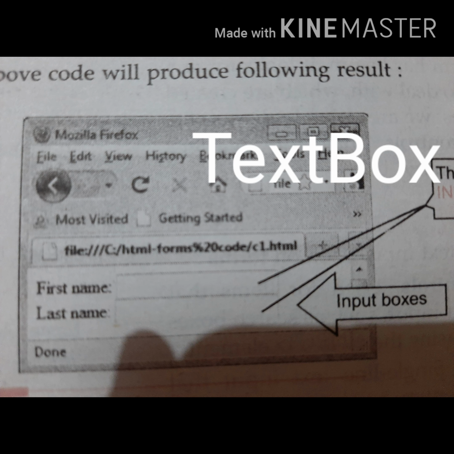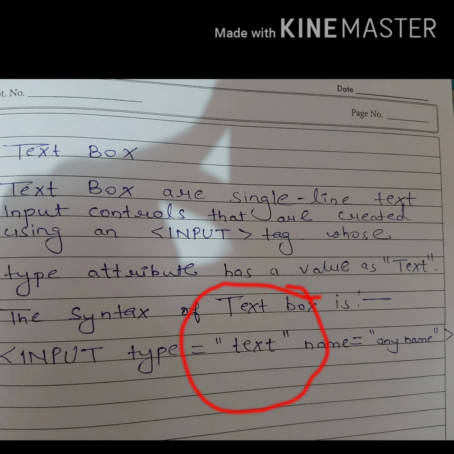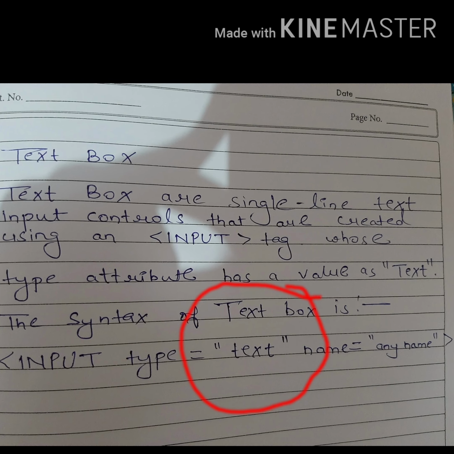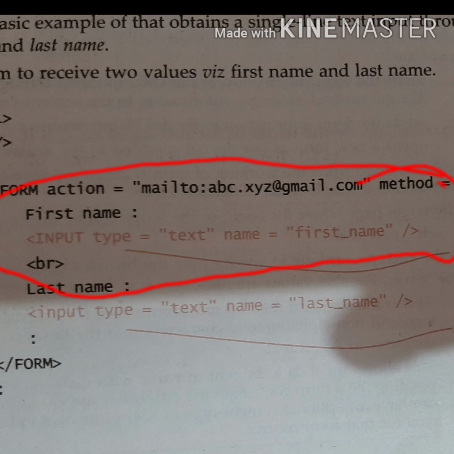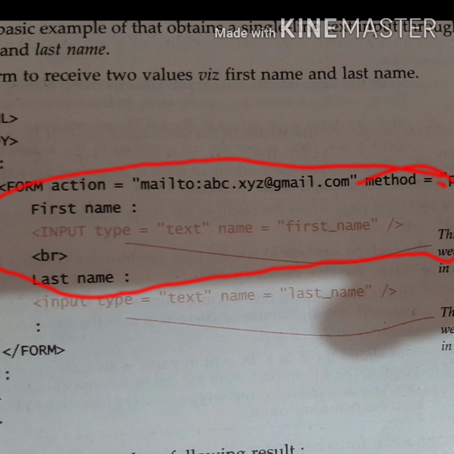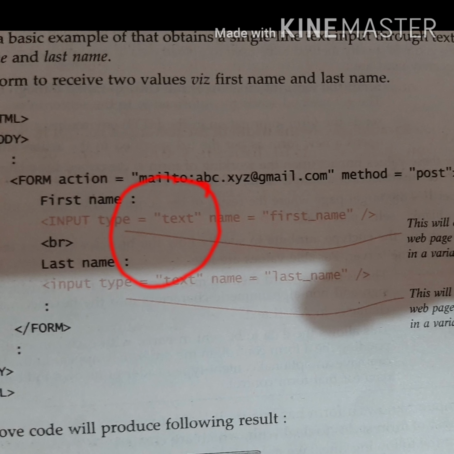Creating a text box. Text boxes are single line text input controls that are created using an input tag whose type attribute has a value as text. The syntax of the text box is shown here. Let's understand it with an example. In this example, we have specified the input tag inside the form tag.